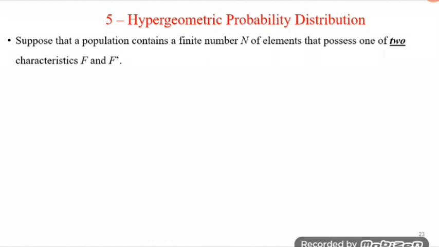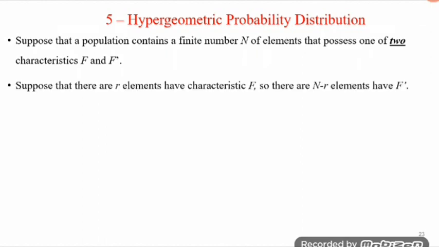We'll consider the characteristic F as the success, so the F complement will denote the failure. The next property is that R elements belong to the characteristic F, so the remaining number that belongs to the other characteristic will be N capital minus R.